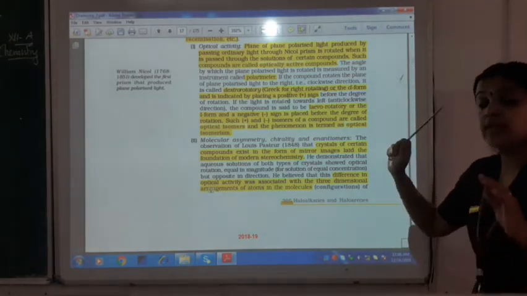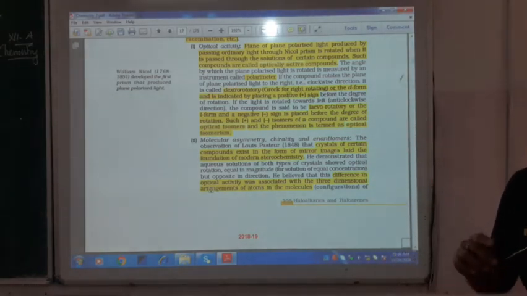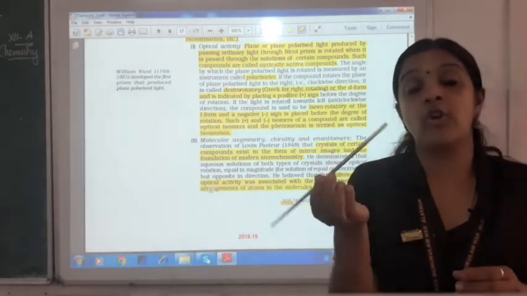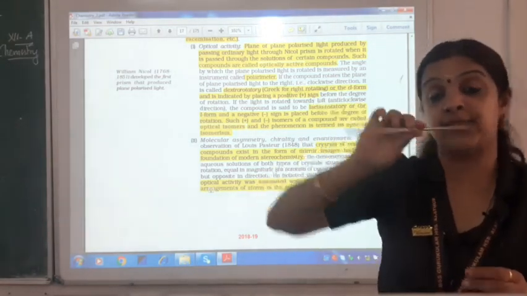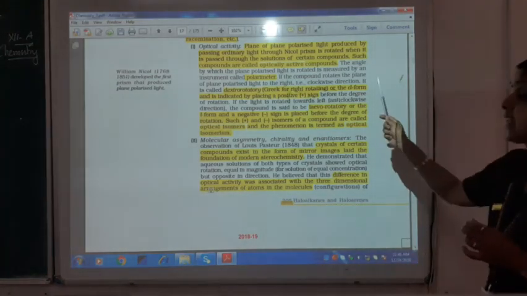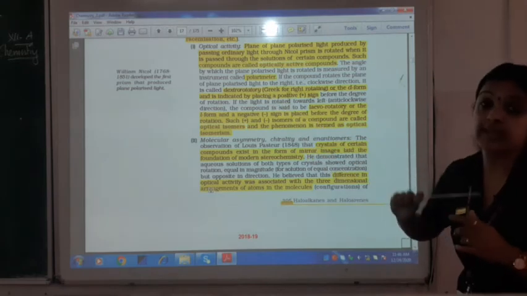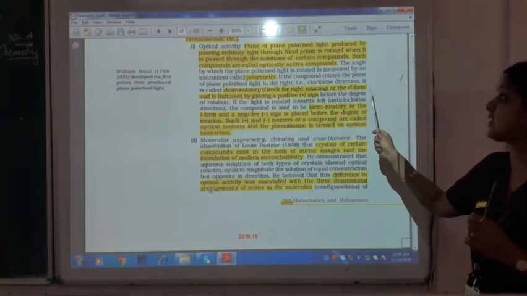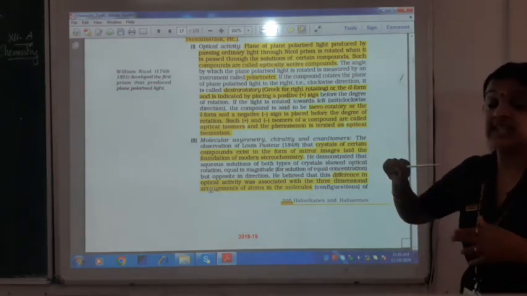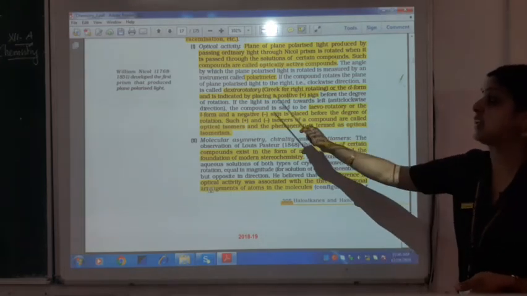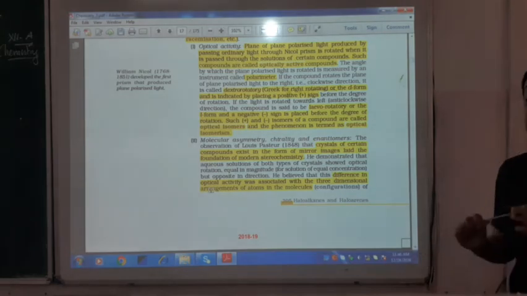Now there can be two types of rotation. The light can be rotated to the right side or to the left side. When the rotation takes place in the clockwise direction, you call it dextrorotatory, or when it takes place through the opposite side, anticlockwise, you call it levorotatory.